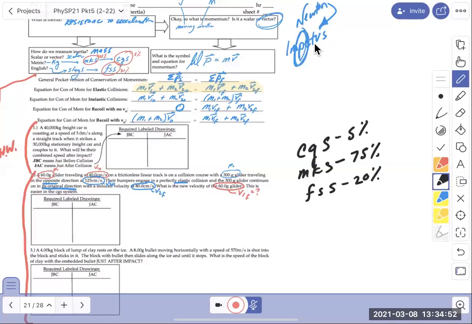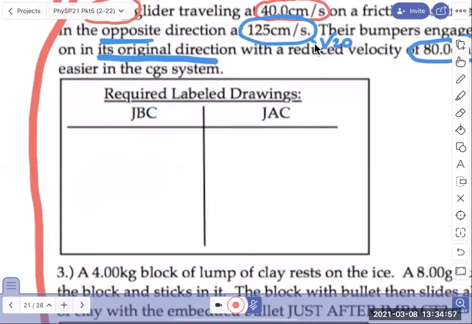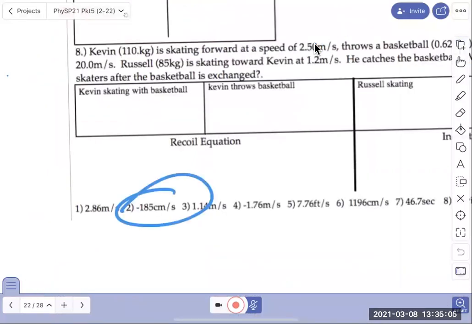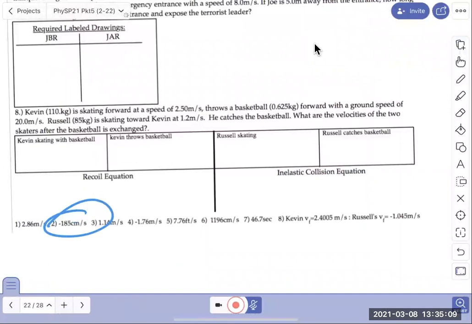All right, so now let's go look at the drawing here. And these are panel cartoons. So these are two panel cartoons. If you look at the bottom one, go flip over to the back of your page, look at this number 8. That's a 4-panel cartoon. So our drawings are becoming more complicated now because we're looking at situations before collision and after collision.